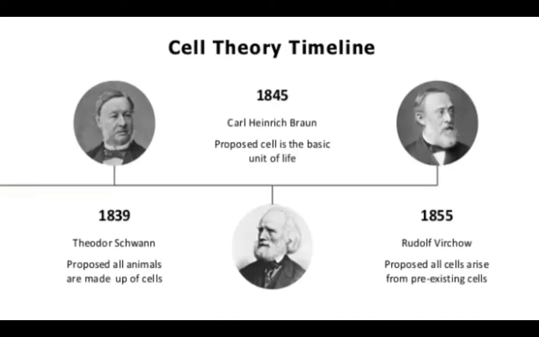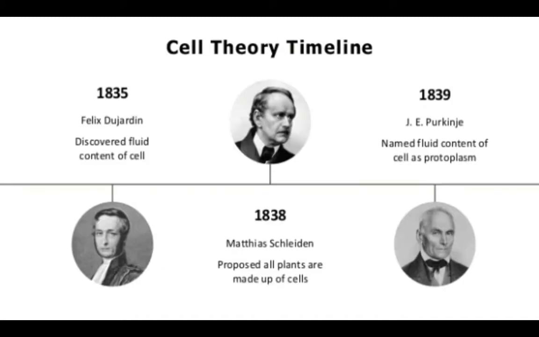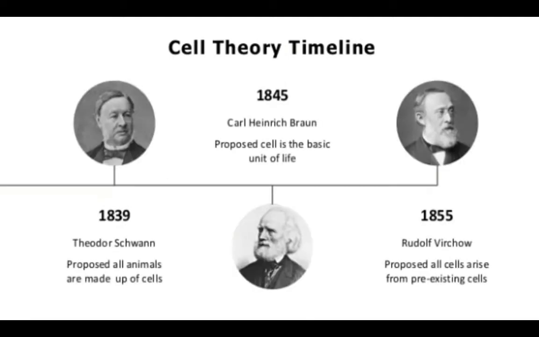In 1839 only, Theodor Schwann proposed all animals are made up of cells. Here you can see in 1838 Schleiden proposed all plants are made up of cells, and in 1839 Theodor Schwann proposed all animals are made up of cells.